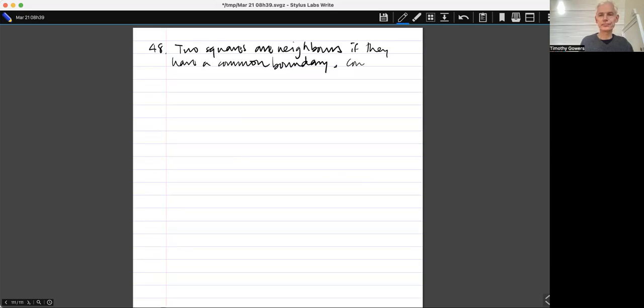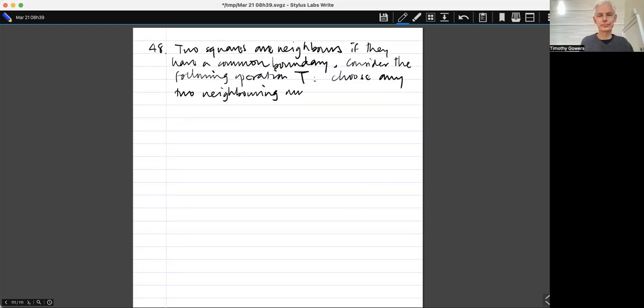Consider the following operation, T. Choose any two neighbouring numbers and add the same integer to them. Okay, that's quite nice. Can you transform figure 1.7 to figure 1.0?